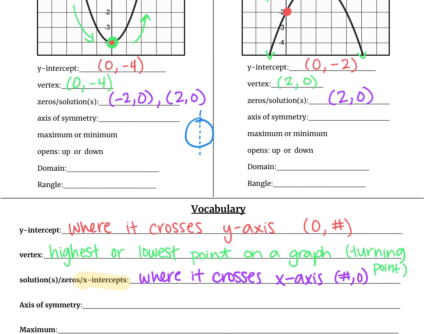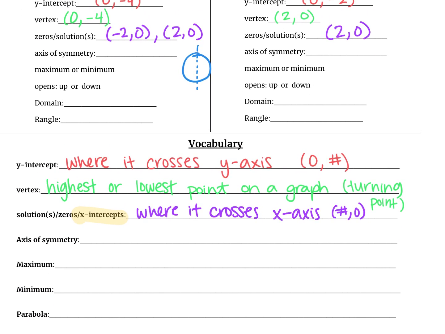So our definition here for the axis of symmetry is going to be the vertical line that divides the graph into 2 equal parts.